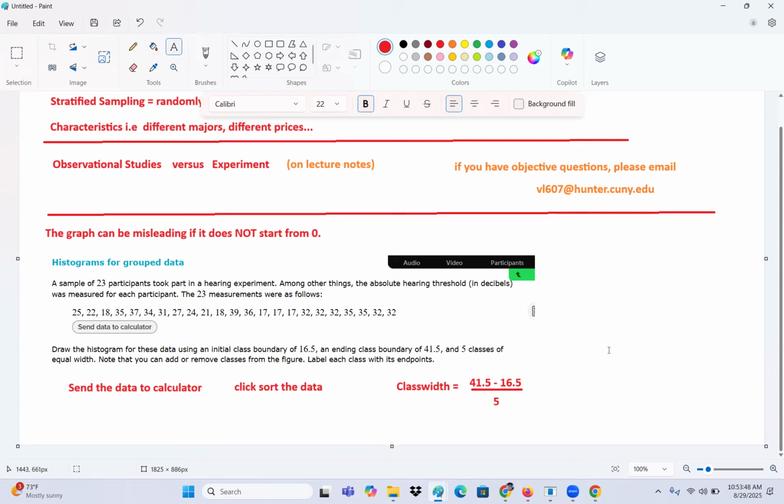So 41.5 minus 16.5, you should get 25, over 5 should be 5, right? And then the class width is simply the high minus the low over the number of classes.